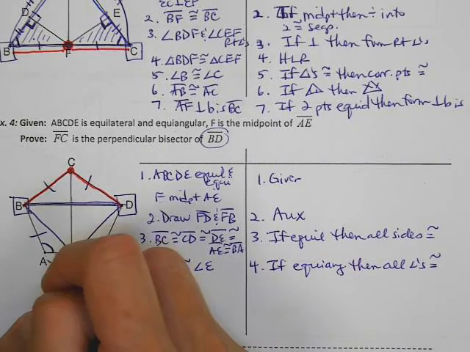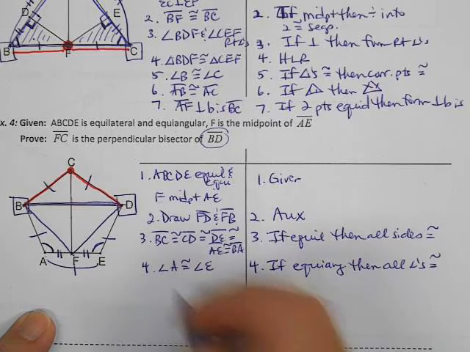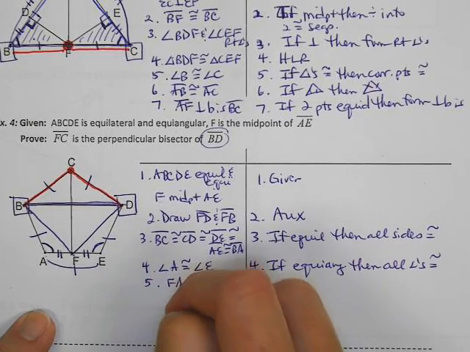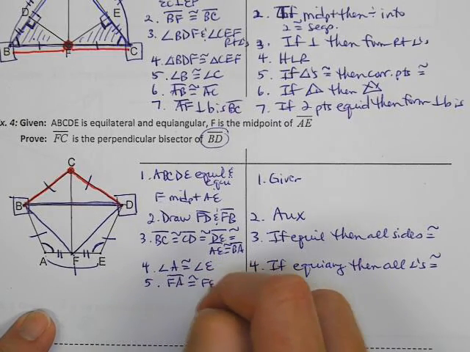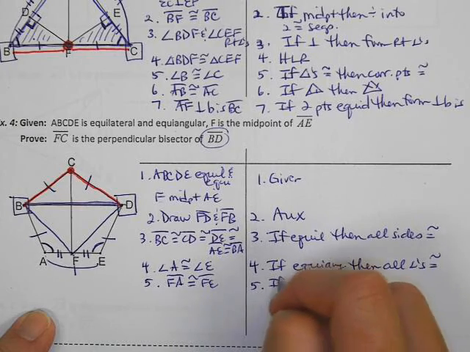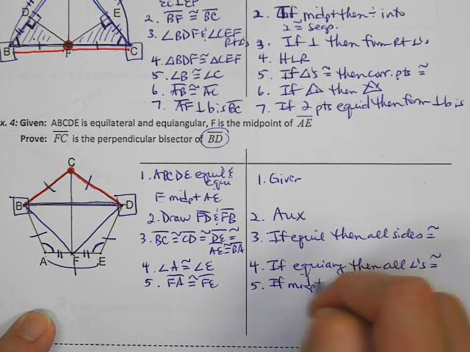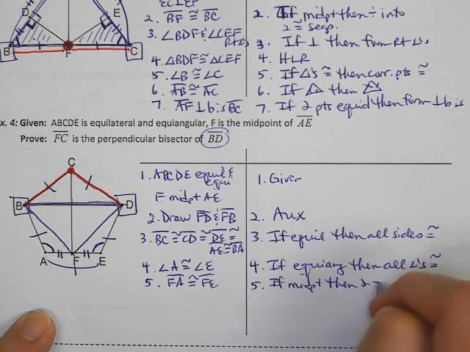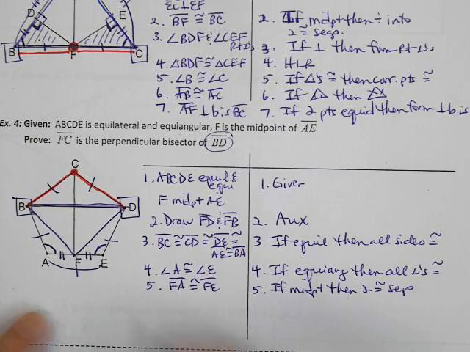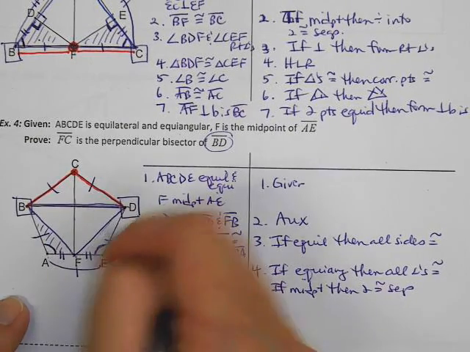If you don't see it yet, look at the last piece of given. F is a midpoint. So doesn't that get me those two segments congruent? Write down that FA is congruent to FE using the midpoint. If midpoint, then two congruent segments, and I hope you see it now. You should be focusing in on these triangles.